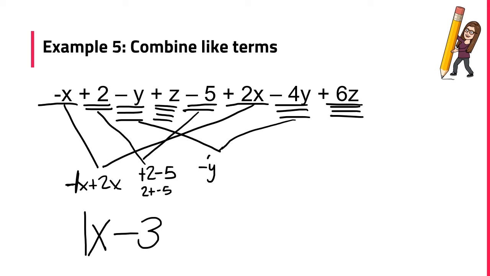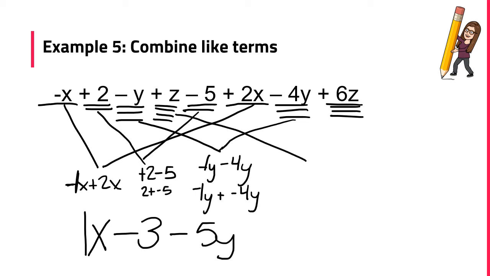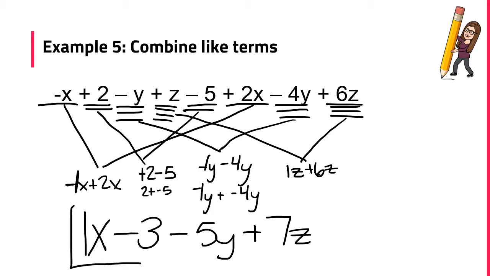So I have a negative 1y minus 4y, or negative 1y plus negative 4y. Ooh, that means it's going to be negative, and I'm going to have 5y. And my z values, or the 4 underlines. I have a 1z plus a 6z. Those are always easier. Positive 7z.